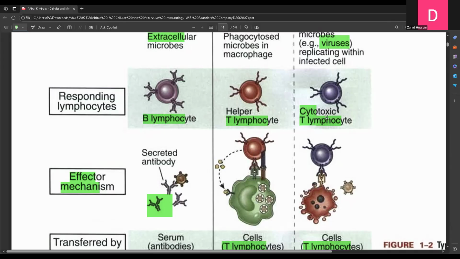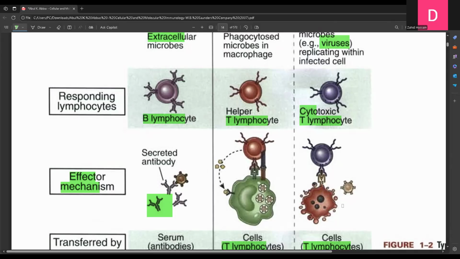Now for the TC cell, the MHC1 will present a processed antigen to the TC cell, and this TC cell will bind specifically with the help of the T cell receptor, then be activated and secrete some substances to destroy the target cell.